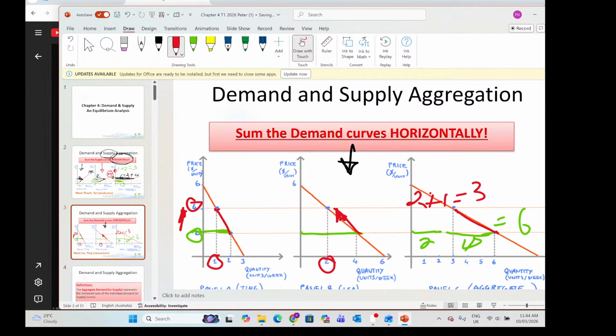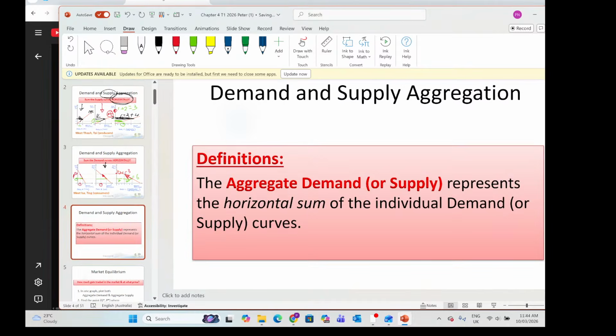The market demand curve also obeys the law of demand, and the market demand is just the aggregate of the individual demanders all added together. So that's how we define the terms aggregate demand and supply.